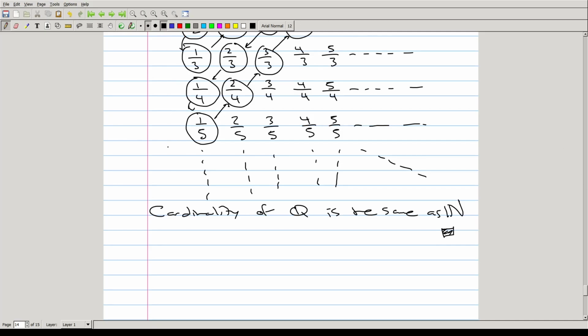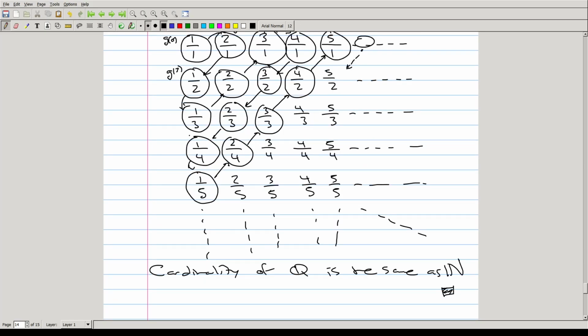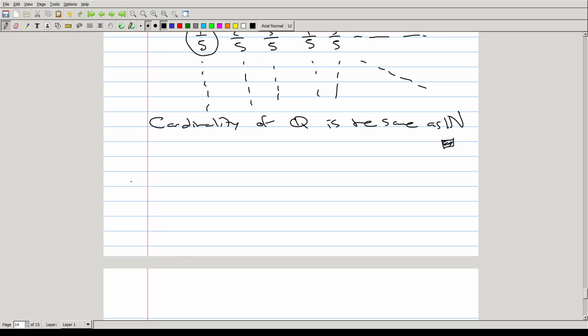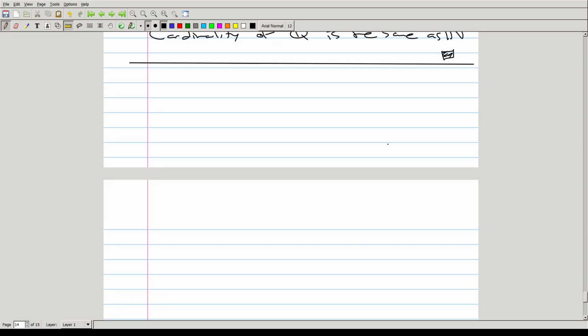And the reason this works is sometimes seen as counterintuitive, but the analogy that Hilbert used is what's called Hilbert's finite hotel versus Hilbert's infinite hotel.